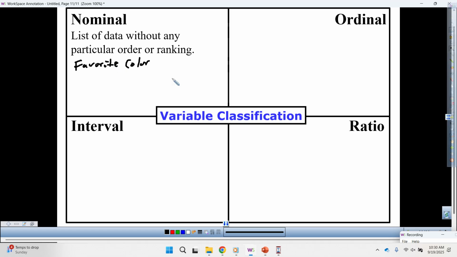I just gather the information and the order doesn't matter. That make sense? Kind of like, if I was to ask you what's your favorite food, you give me your favorite food, same thing, order doesn't matter. All right.